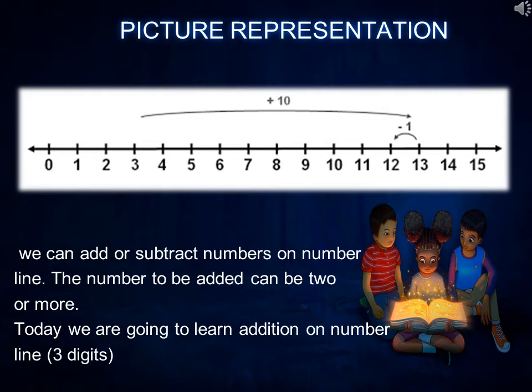Today we are going to learn addition on number line. 3 numbers will be added and the result we will be looking at will be our final answer. I know it is very easy for you. Let us see the representation for a certain question now.